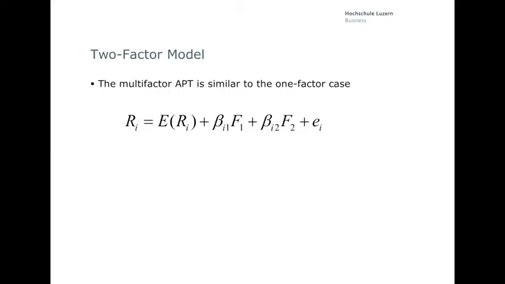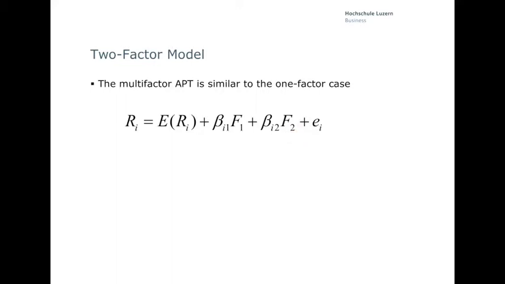The two-factor or multi-factor APT is shown in the formula below. Factor 1 was the departure of GDP growth from expectations, and factor 2 was the unanticipated change in interest rates.